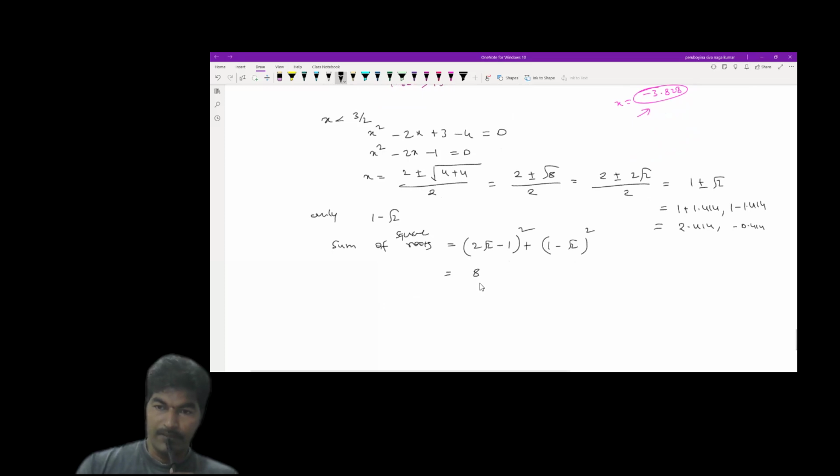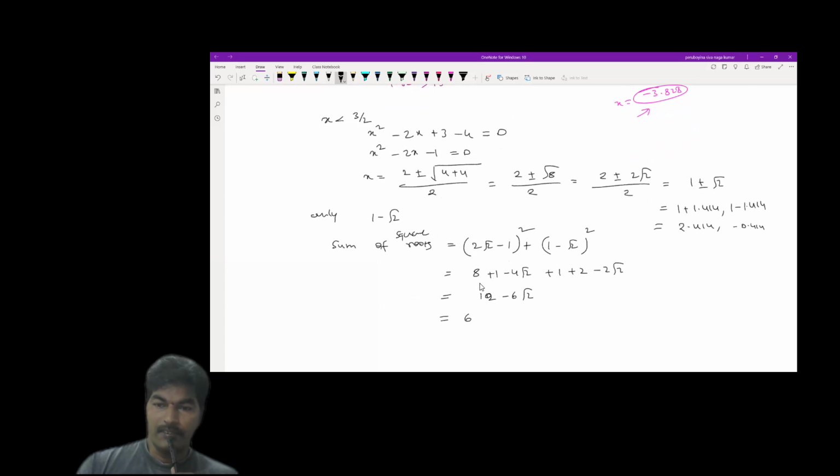It will be 8 plus 1 minus 4 root 2, and 1 plus 2 minus 2 root 2. So 8 plus 1, 9, 9 plus 1, 10, and 2 plus 2, 12 minus 6 root 2.